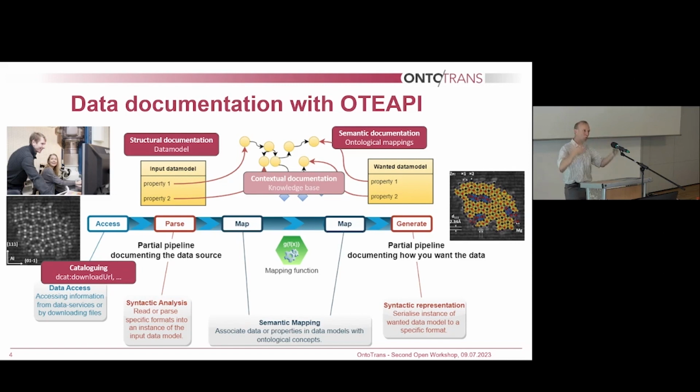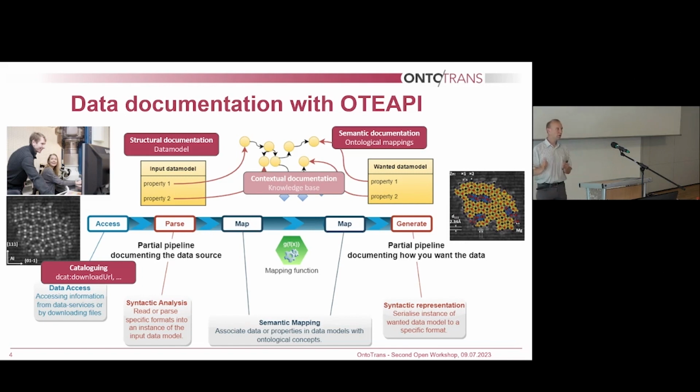Parse is how to interpret the data and populate such a data model. So get the data in the form it exists into a formalized one. And the mapping is really giving it semantics, mapping it to the ontological concept.